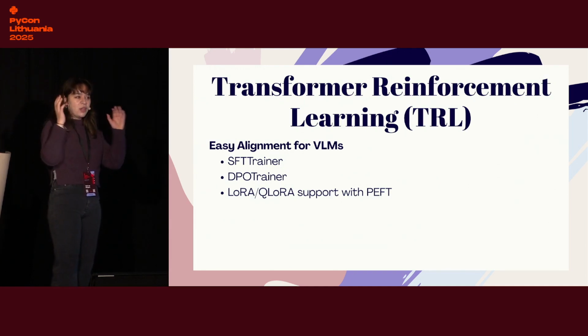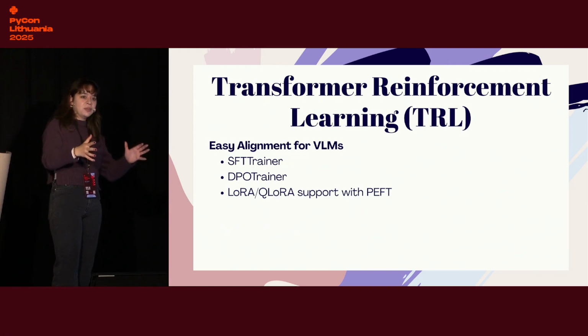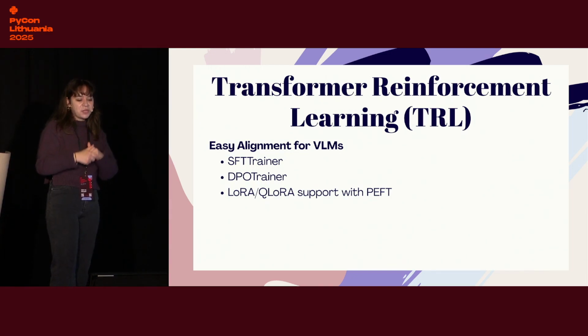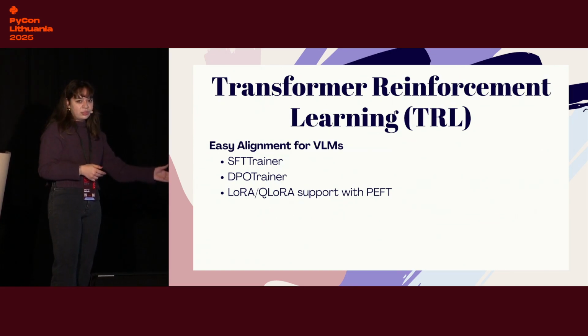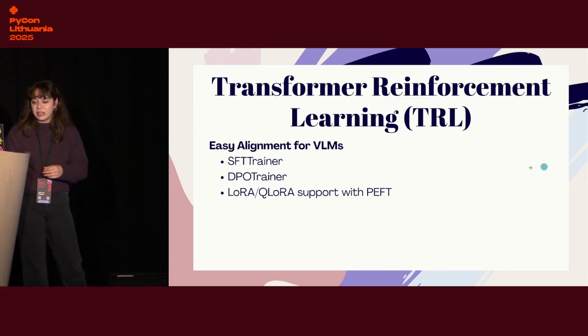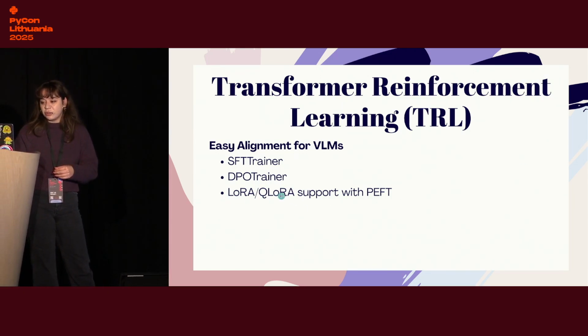Basically, a model that is pre-trained is insanely uncontrollable, but you can align the model to talk with humans, being helpful, etc., using reinforcement learning. And Transformers Reinforcement Learning is a library to do this. It has easy alignment techniques for vision language models, as well as many alignment techniques for LLMs, and you can also apply LoRA and QLoRA.